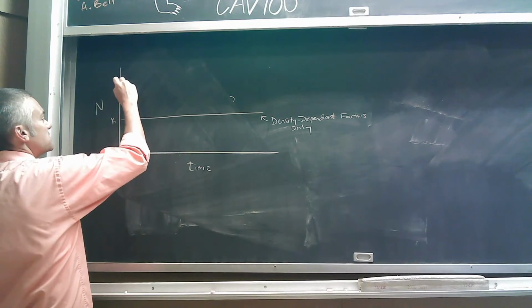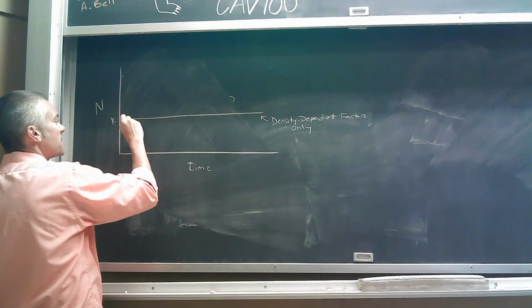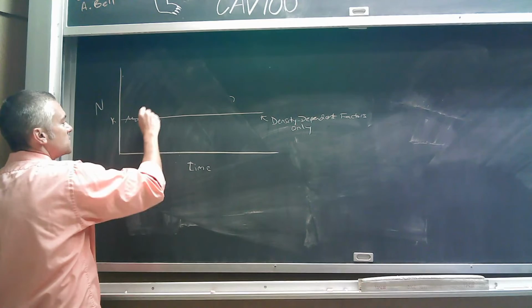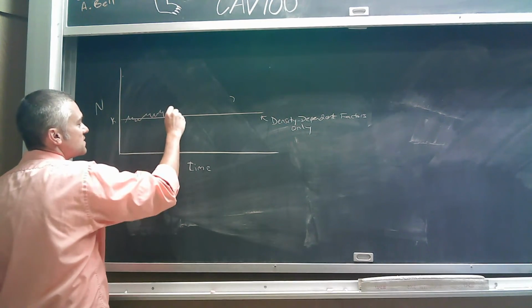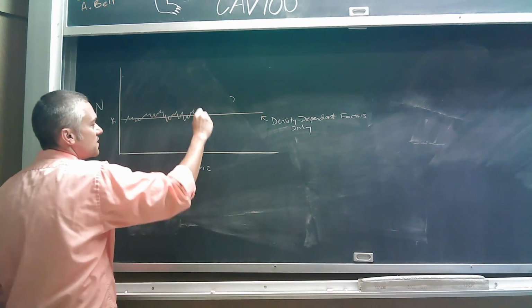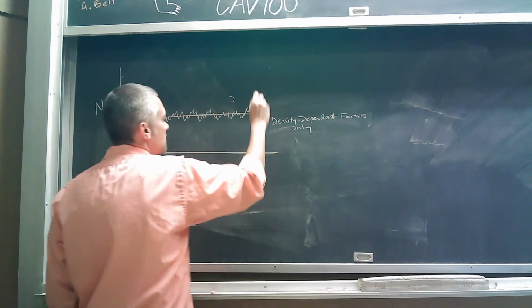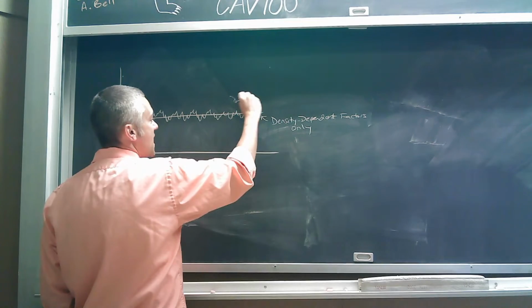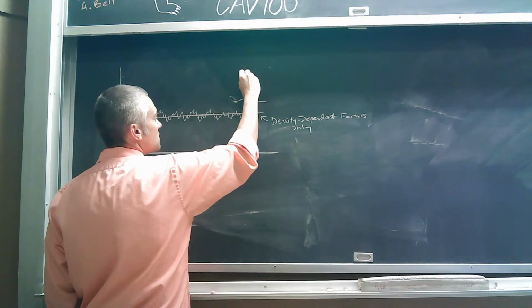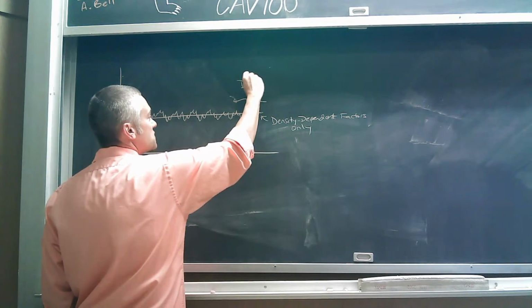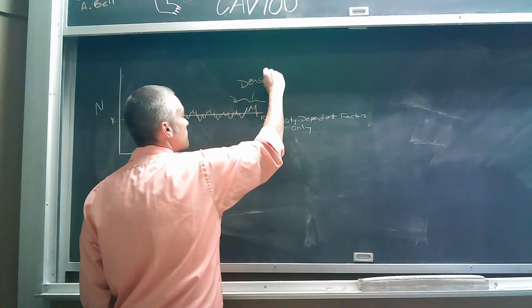But what we typically see around that carrying capacity is our population size fluctuating randomly around that point. So all of this jaggedness is due to those density-independent factors.